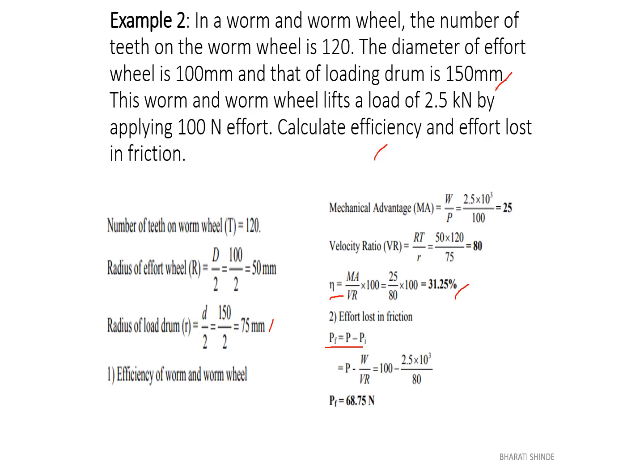So P minus PI, write the value formula of PI, that is W upon VR. Then PF is nothing but P minus W upon VR. After putting the values, we will get PF is equals to 68.75 Newton.